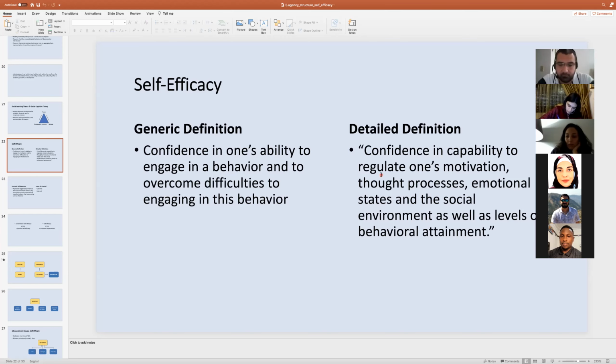Now, a more nuanced definition of self-efficacy is an individual's confidence in their capability to regulate their motivation, their thought processes, their emotions, and their environment in order to attain behavioral change. So the person has to be in control of their emotions, their thought processes, and their motivations.